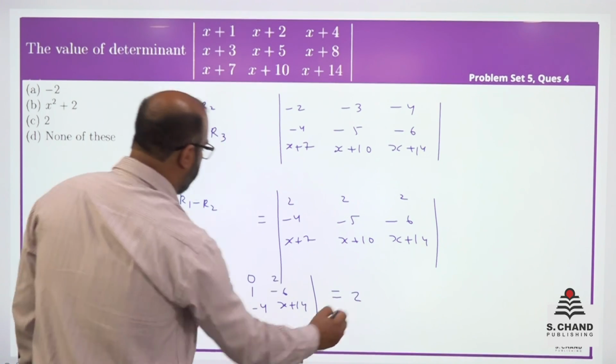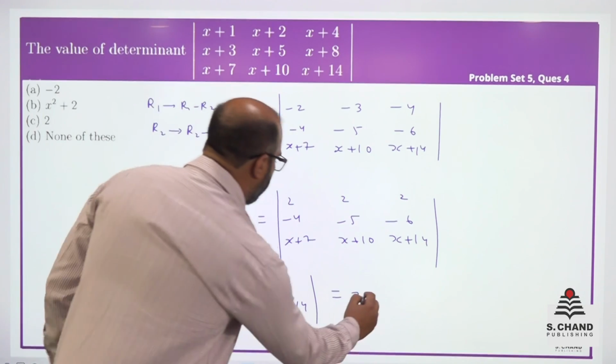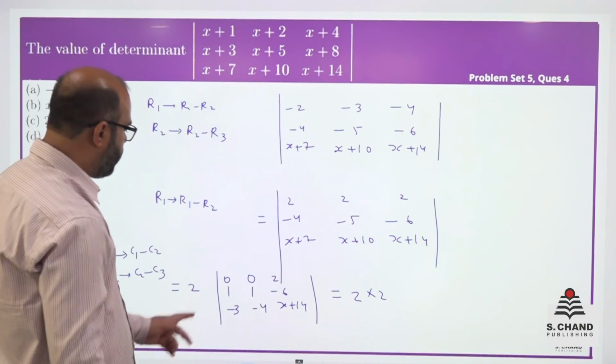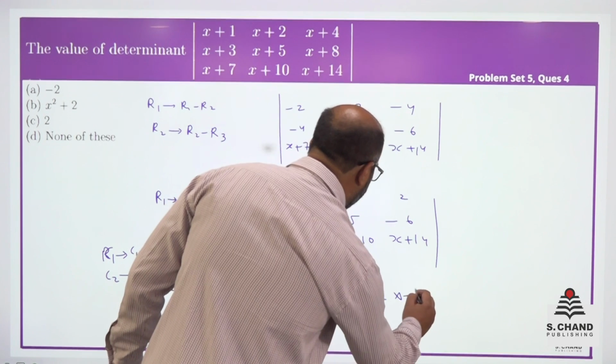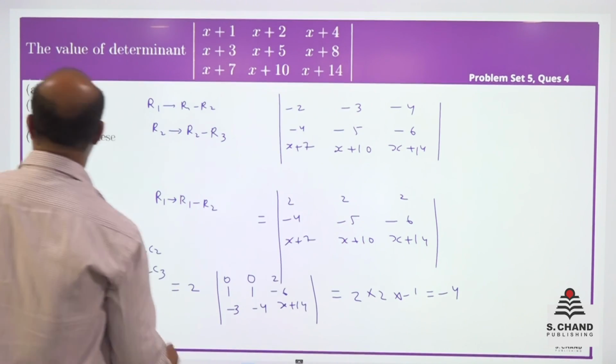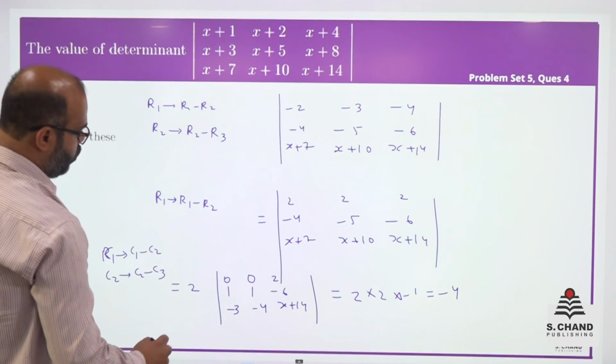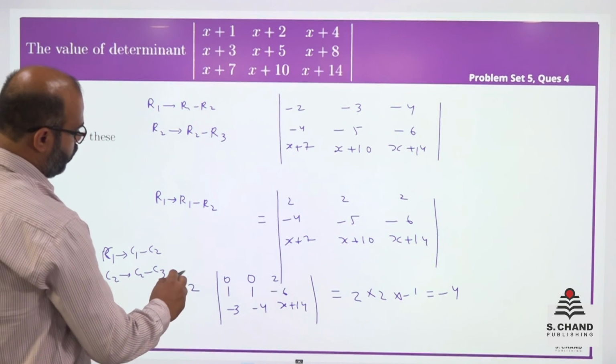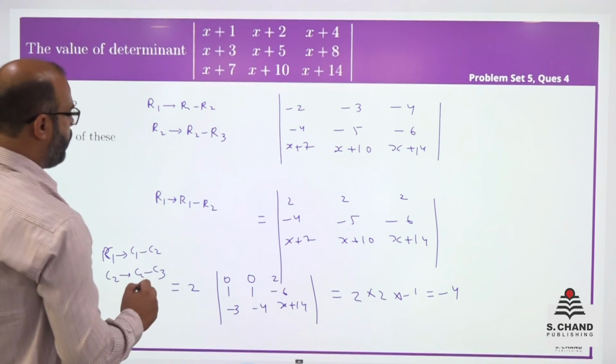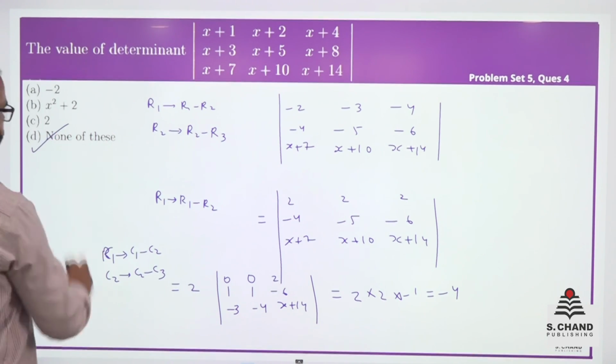This is equal to 2 into 2, minus 4 plus 3, minus 1, that is minus 4 finally. 2 into 2, minus 4 plus 1, 3, okay, minus 4. So none of these.